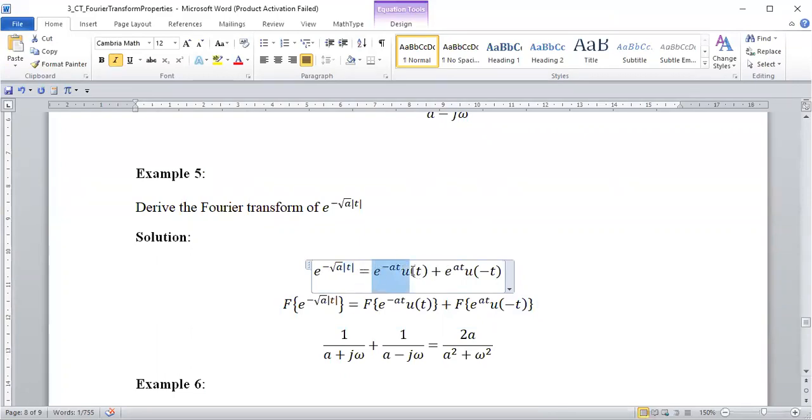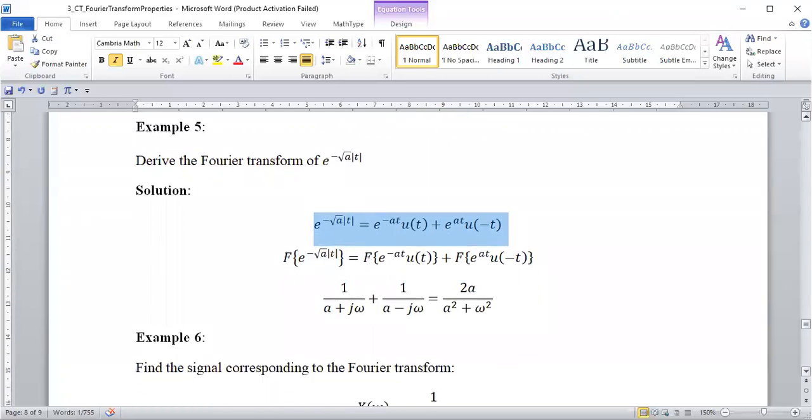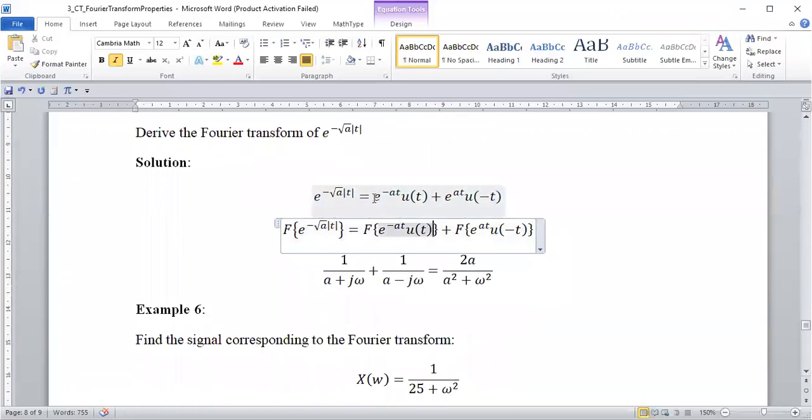So this is when t is positive, and this is when t is negative. And we try to do the Fourier transform of the right side and the left side. We already know the Fourier transform of this as this, and we know the Fourier transform of this signal as this. Then we just add it together and we arrive at this.